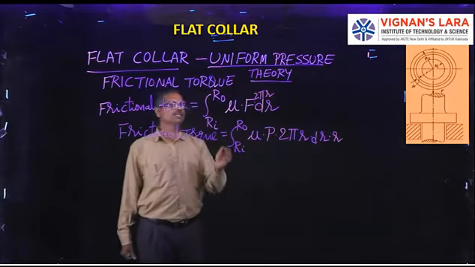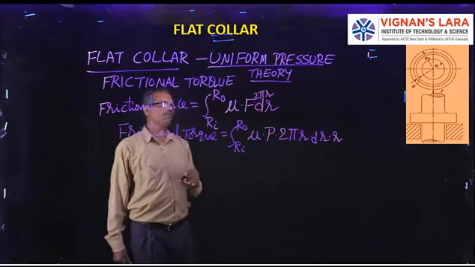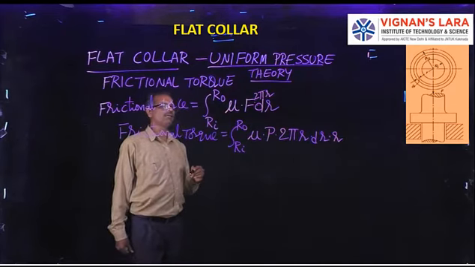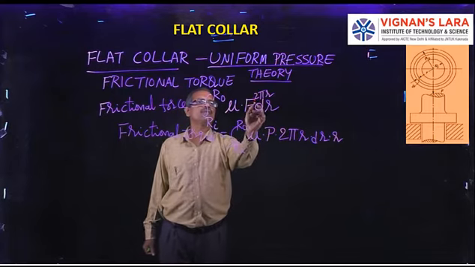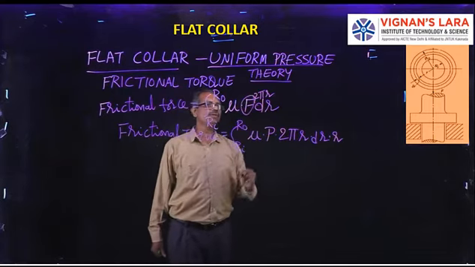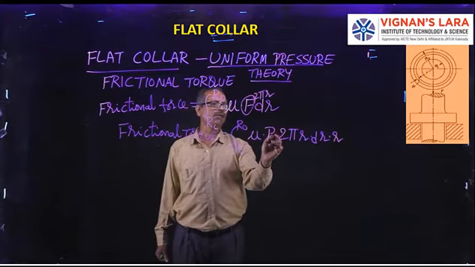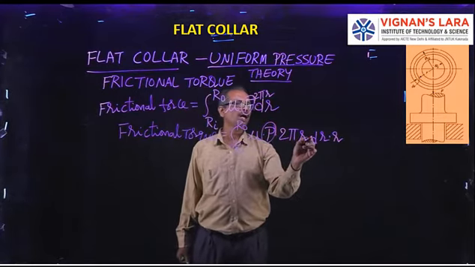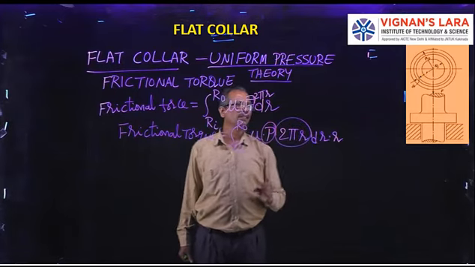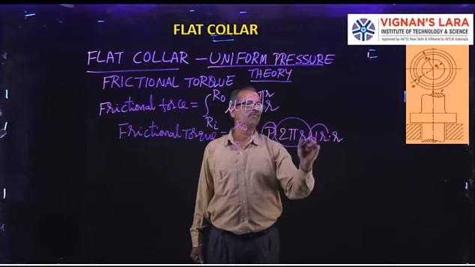What is this F? F is the force. How to get the force? Pressure into area. So this is the force F, which is pressure into area. What is the pressure? P. What is the area? A ring of 2 pi r length with a width of dr.